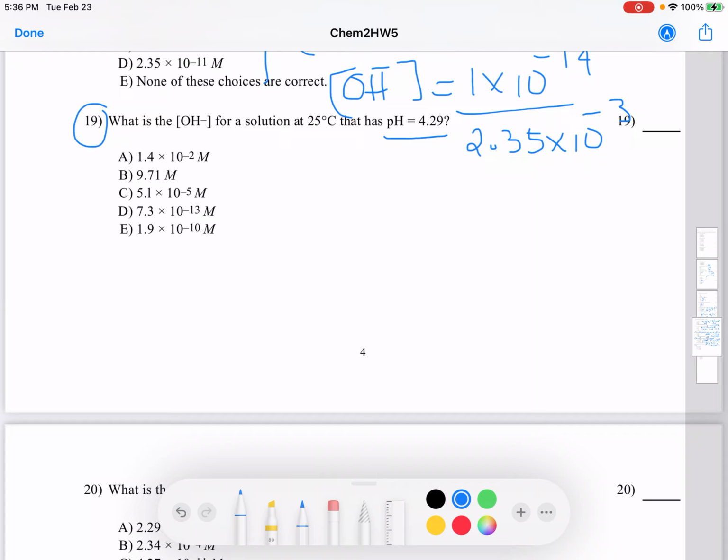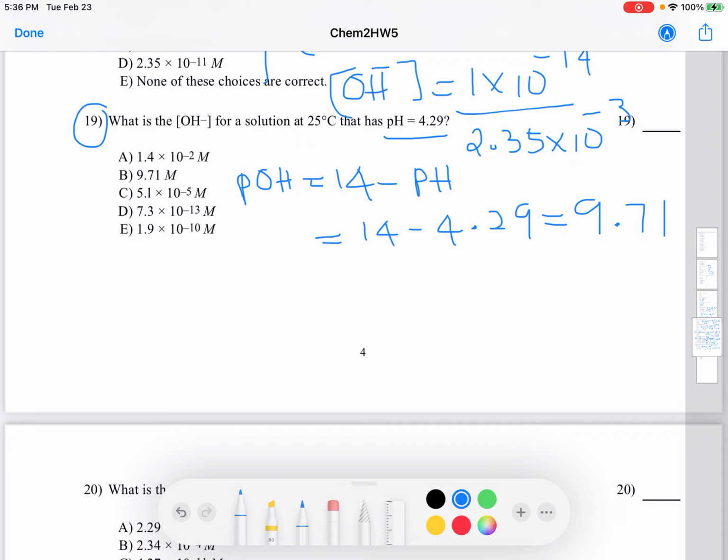Let's do the way that I said first. pOH equals 14 minus pH. 14 minus 4.29. We can do it in our head too, but I'm going to go ahead and use my calculator so I don't spend time. 9.71 is the pOH.